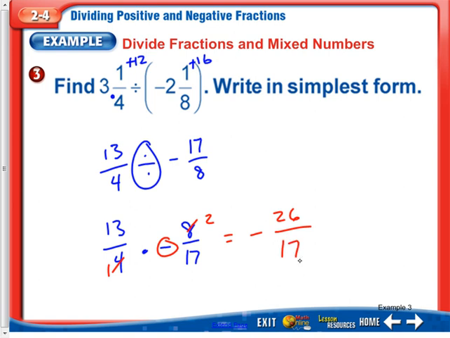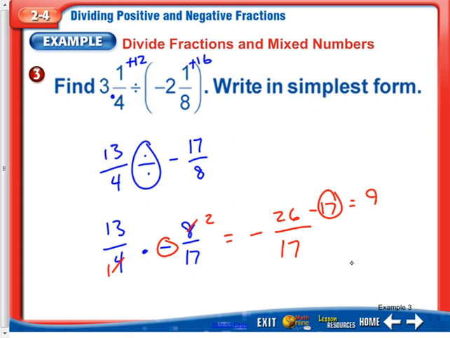I can't simplify any further, so I'm going to get a negative, and we'll have 26/17. Now we can get this into a mixed number because the original problem was in mixed numbers. I apologize for the interruption. We're going to subtract the 17 from that. That'll make a whole, and we're going to have 9 left over.